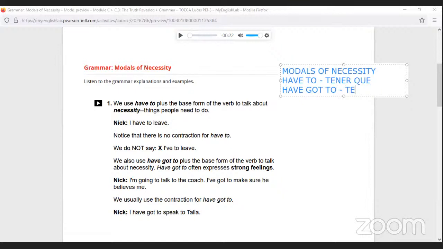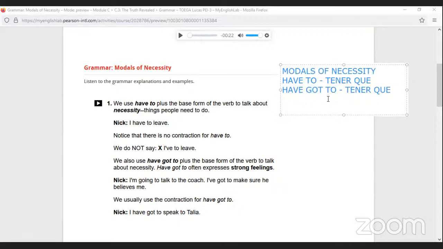Have to is a little bit more informal, but have got to is with more emphasis. For example, the obligation is going to be stronger than have to, okay? That is the only difference.